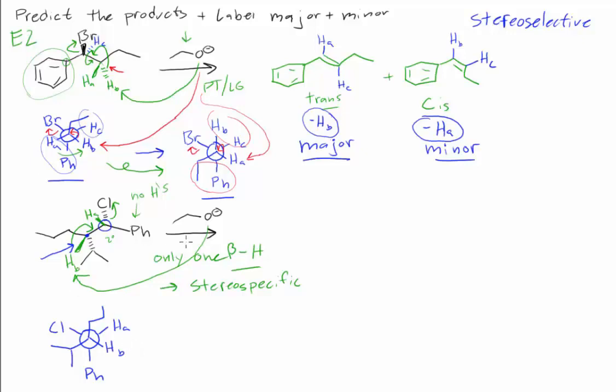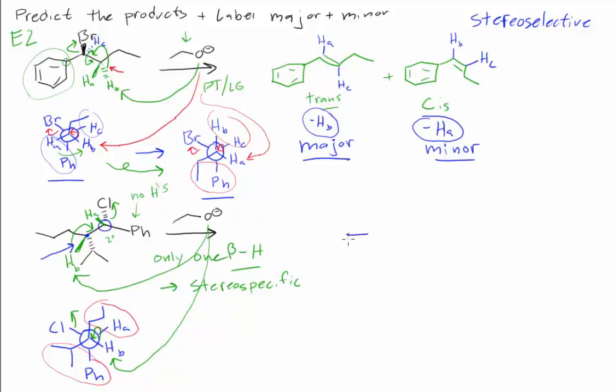And if I use the same arrow push here to remove HB, form the alkene, and lose chloride, I can observe that the phenyl and the isopropyl should be on the same side, and the propyl and HA should be on the same side of the alkene. And so it's easy for me to draw the product alkene now.